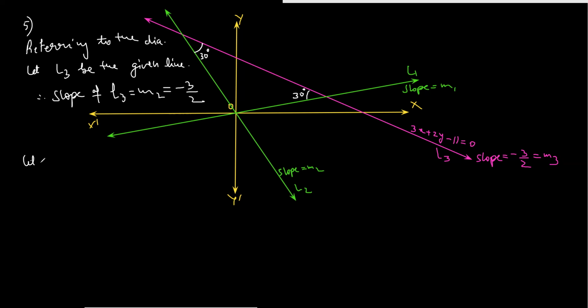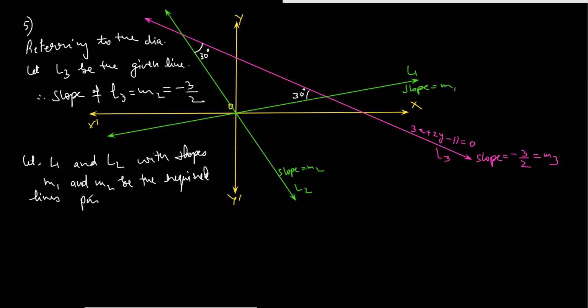Let L1 and L2 with slopes M1 and M2 be the required lines passing through origin.